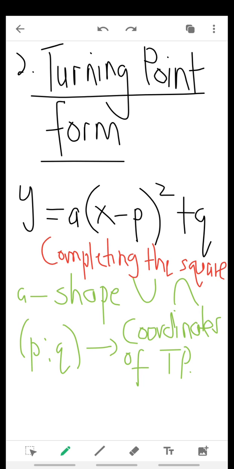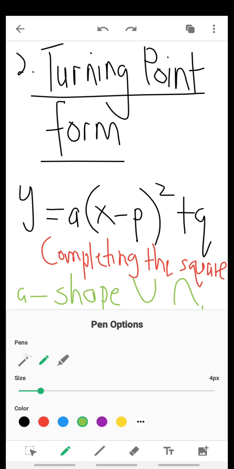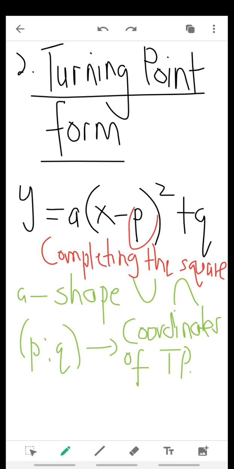So how does the turning point form look like? It looks like that, which is y equals A all multiplied by (x minus p) all squared plus q. Why do we say it's a turning point form? Very, very important. It's a turning point form because your p and your q in that equation represent the coordinates of the turning point.